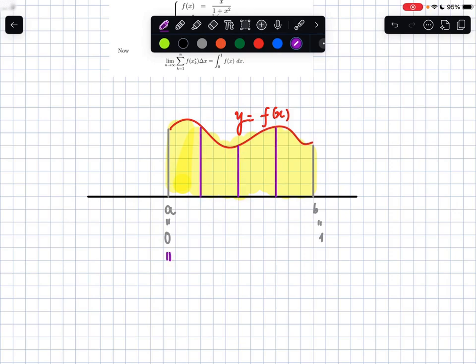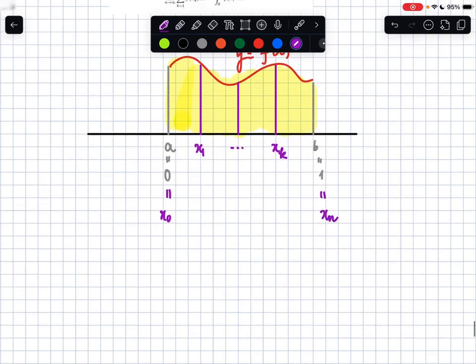Here a equals x0, and then you have x1, x2, and so on, xk, and b equals xn. We write dot dot dot here. Let's look at one of the rectangles.